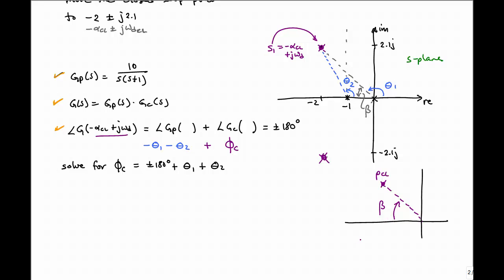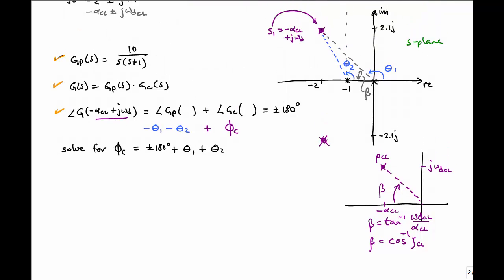Beta is equal to the arctan of omega d closed loop divided by alpha closed loop, because after all the horizontal is alpha closed loop and the vertical is magnitude omega d closed loop.